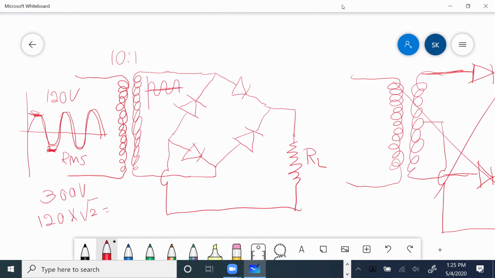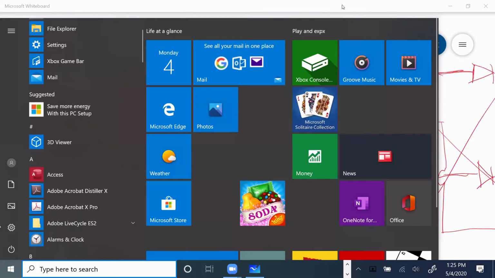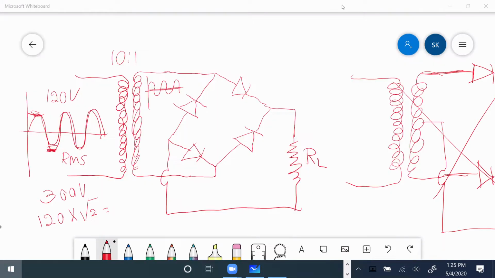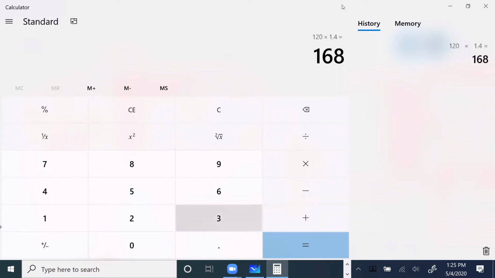Let me quickly work it out. 120 times 1.4 is 168. That's the peak. And then times 2, that is 336.